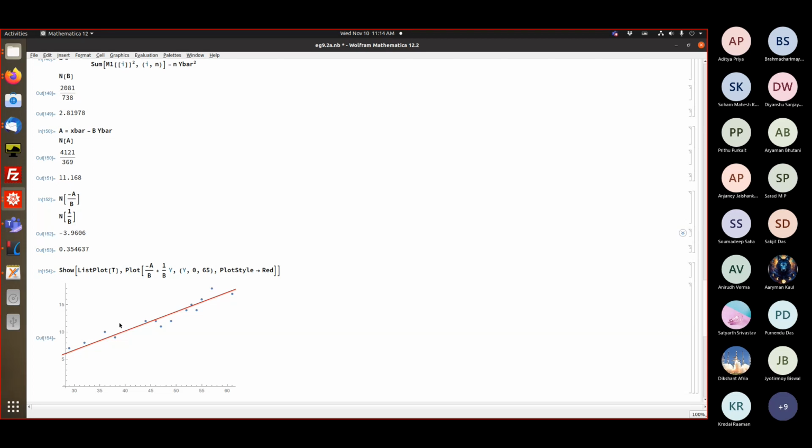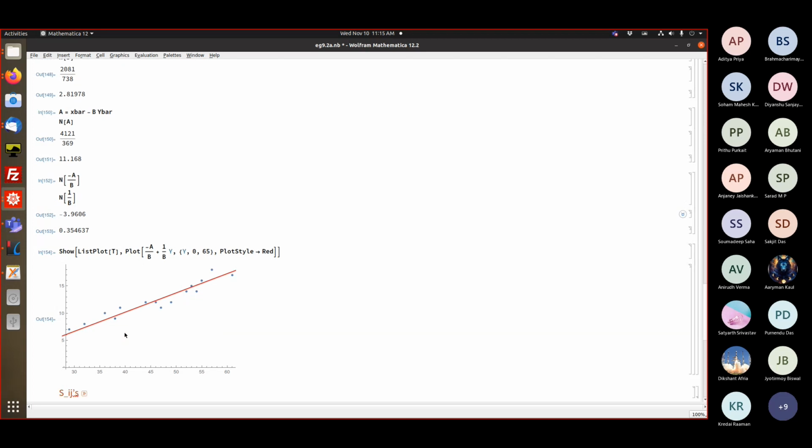So we are minimizing vertical heights, right? And when we flip the roles of x and y, we are minimizing the horizontal heights, the sums of squares of horizontal lines.